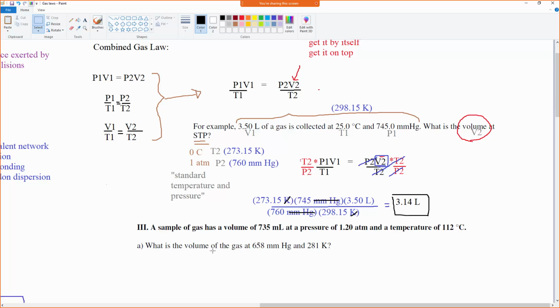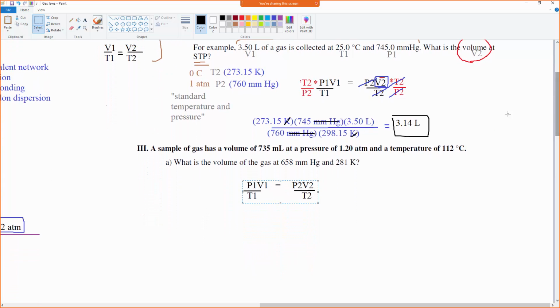We want to know the volume of the gas at 658 millimeters of mercury and 281 K. As you can see, we're given volume, pressure and temperature, and a new pressure and temperature, and we want to know volume. So they've given me 5 different variables, and they're asking me about something else. This is your clue. You have to use the combined gas law because the pressure, the temperature, and the volume change. All right, so we're gonna use this guy again.